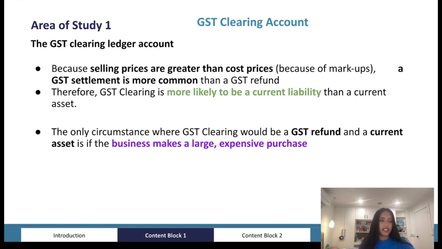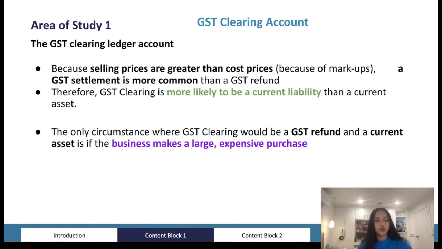So thus, GST clearing is more likely to be a current liability rather than a current asset, which means it's more likely that the business will have to pay a GST settlement to the ATO, which is why we assume that GST clearing is a liability, unless the business ends up paying more GST than it receives.